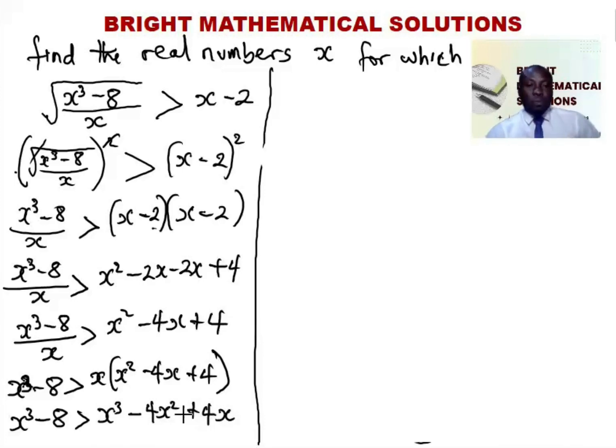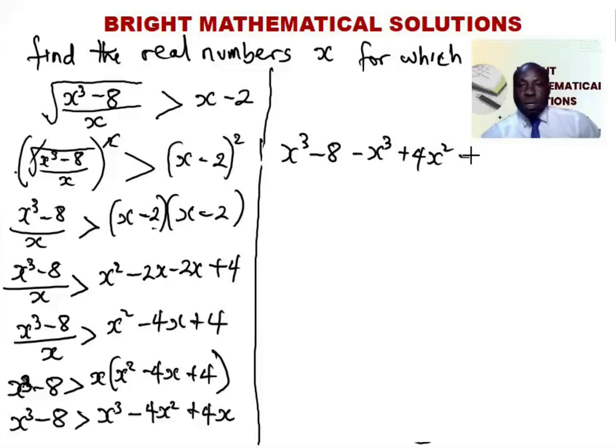Now let us bring the expressions together: x raised to the power 3 minus 8, minus x raised to the power 3 plus 4x squared minus 4x, is greater than 0. Everything on the right hand side I have moved to the left hand side.